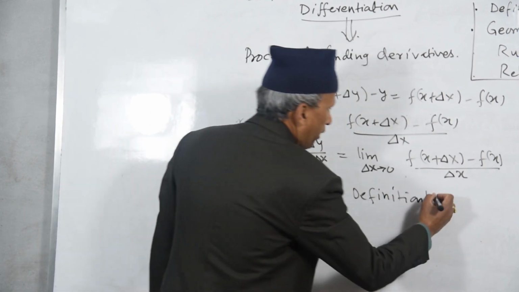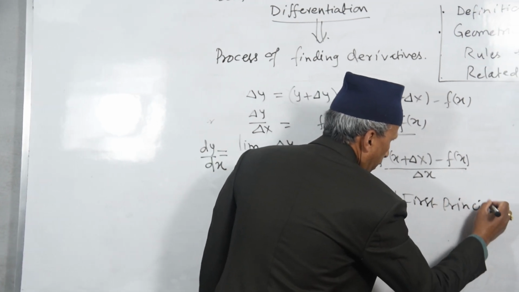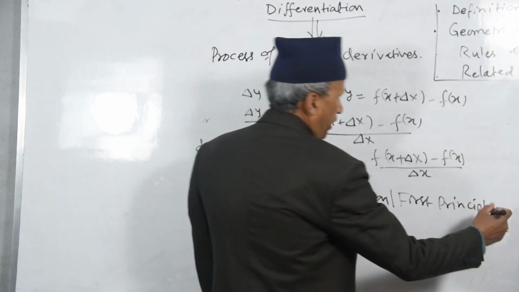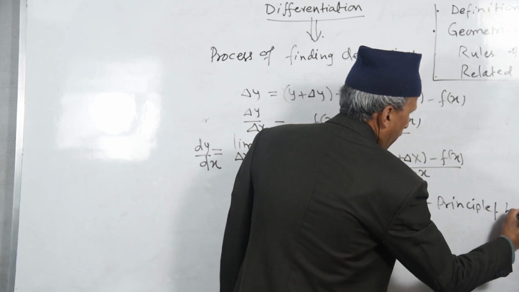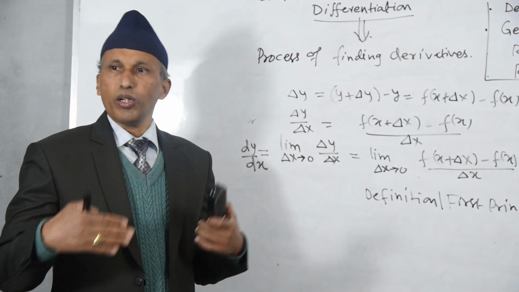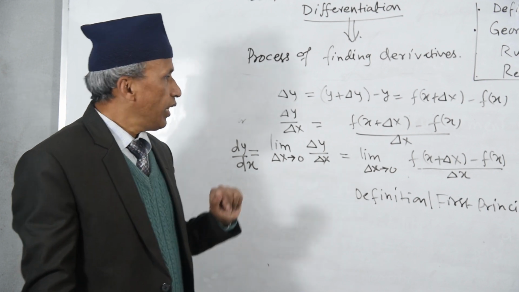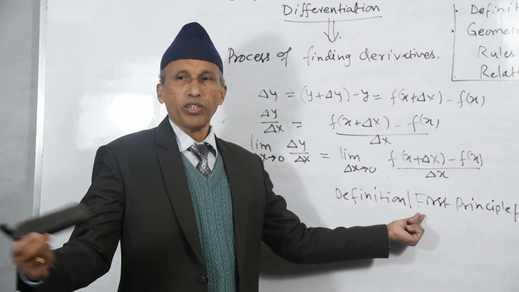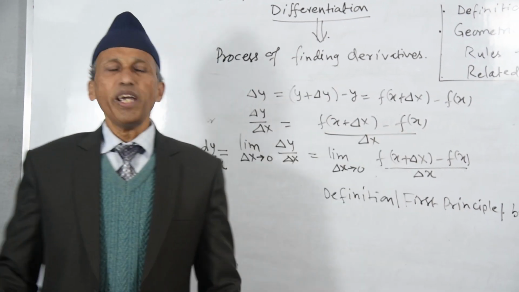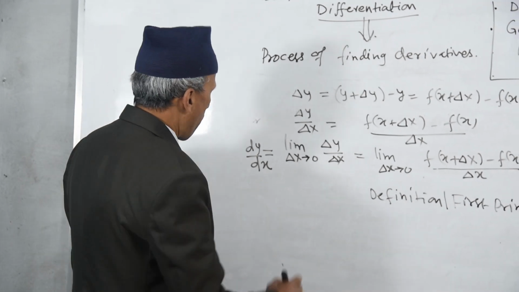Sometimes it is called first principle, or sometimes ab initio. If you are asked to find a derivative by first principle, then you have to follow this rule. Sometimes it says find the derivative by definition, then you have to use this one, or sometimes it says ab initio. For example, I'll just give you a very simple example.